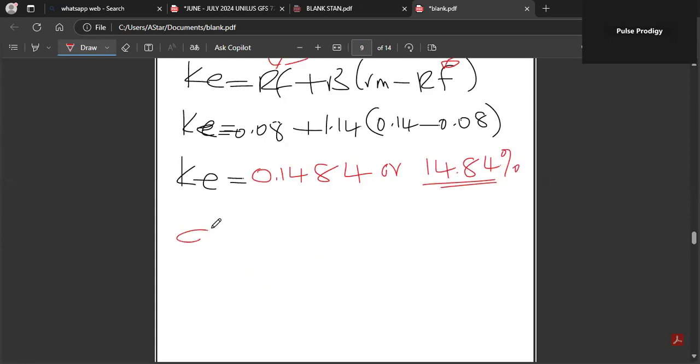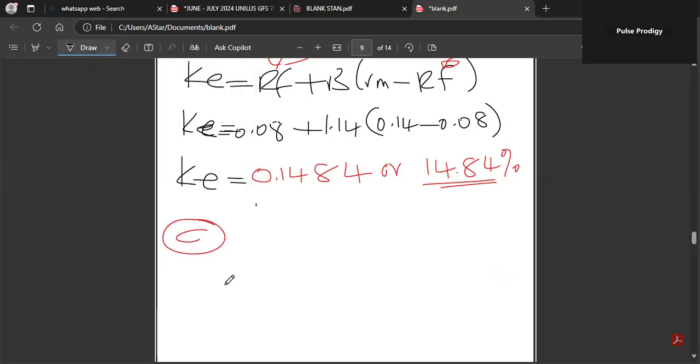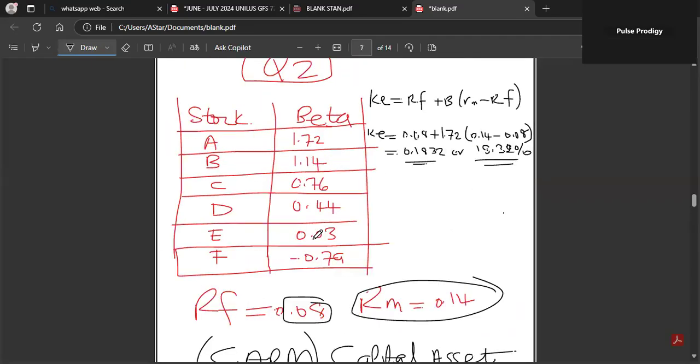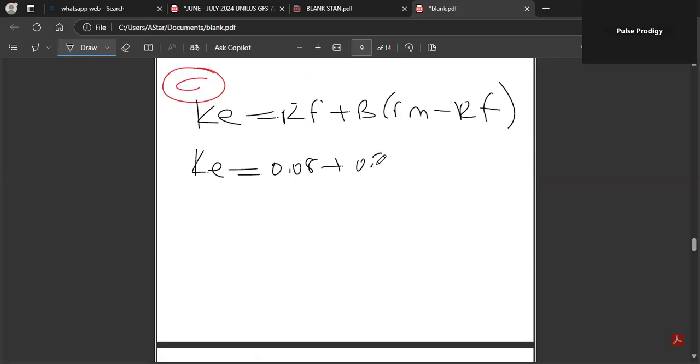For C, you can also do the same. Our KE is equal to RF plus beta, return of the market minus risk-free. So KE is equal to 0.08 plus beta for C, 0.76, on 0.14 minus 0.08.